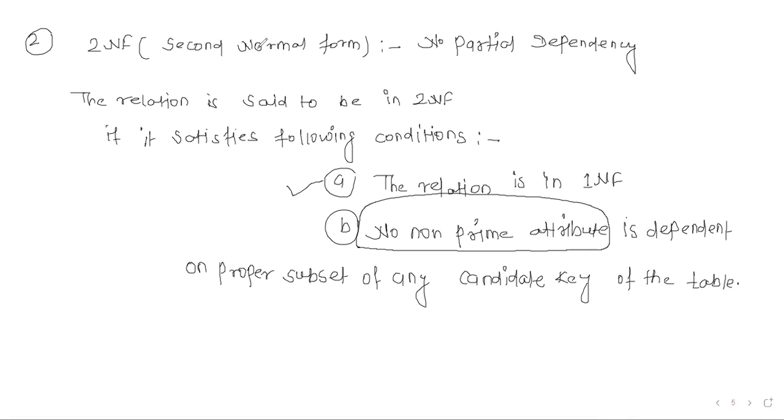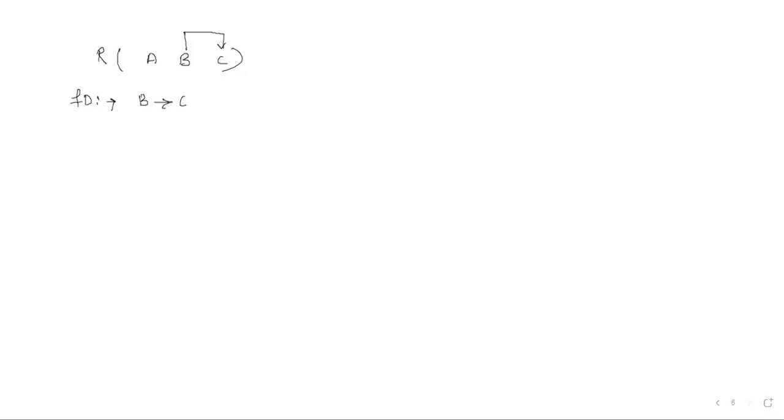So first of all, two terminologies are coming: non-prime attribute, and candidate key. If I ask you to find the candidate key, you need to find what? I told you the approach, how to find the key attribute if the functional dependency is given. What is missing from the right hand side? Out of A, B, C, A is not available on the right hand side, B is not available on the right hand side.